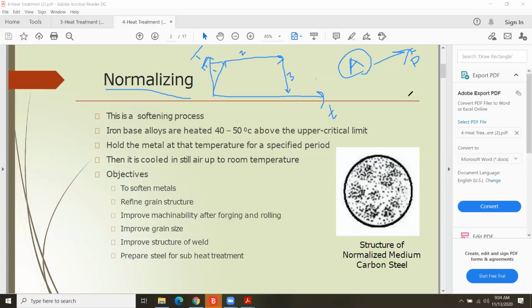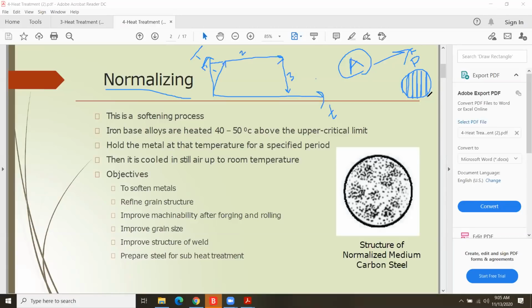So fine pearlite structure means if you take a cross-section of that metal and observe it through the microscope, you can see the microstructure like this. This is the fine pearlite structure. Laminated way or a stack form, right?